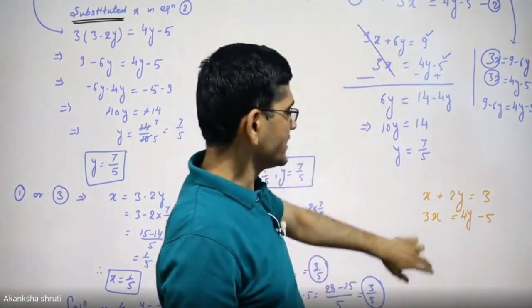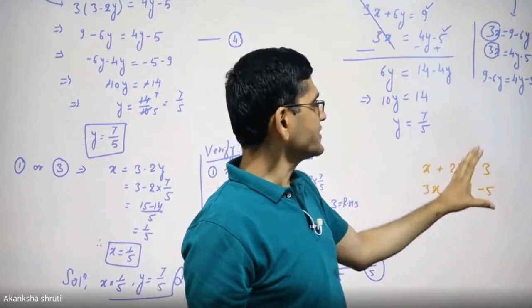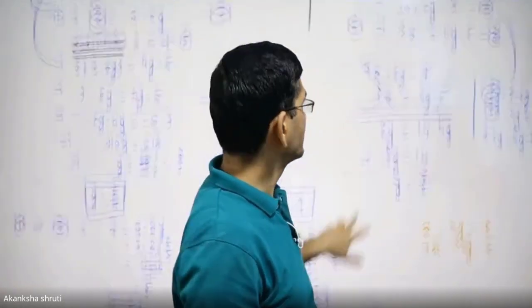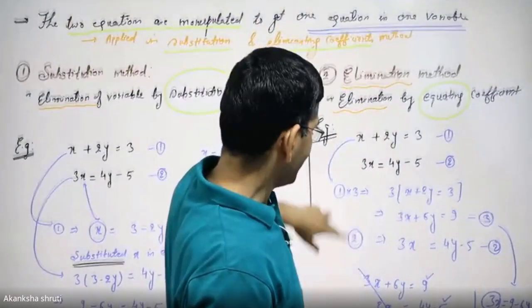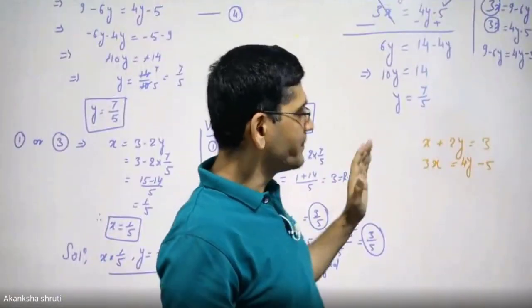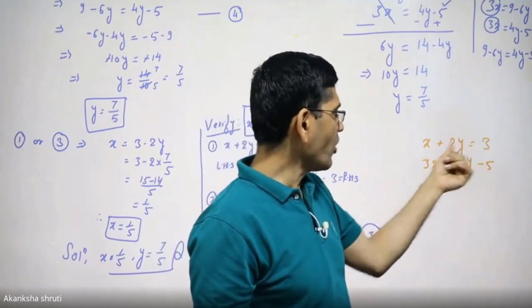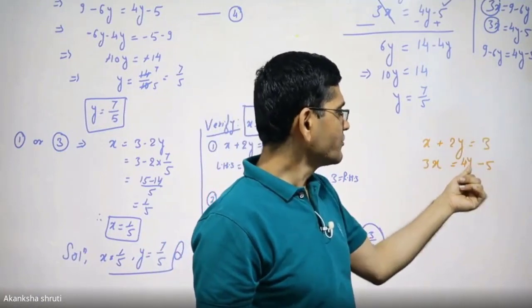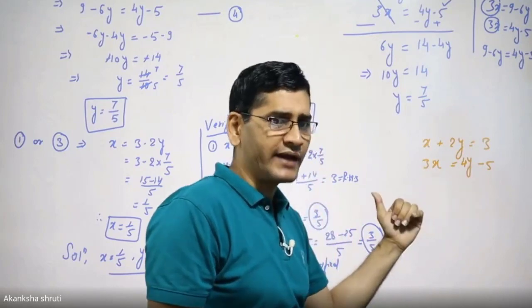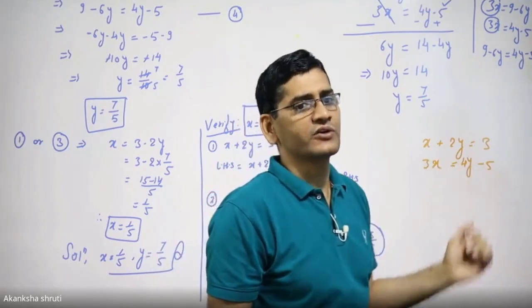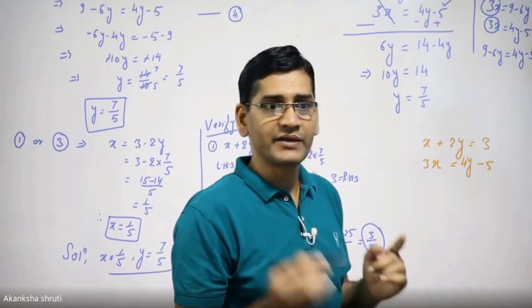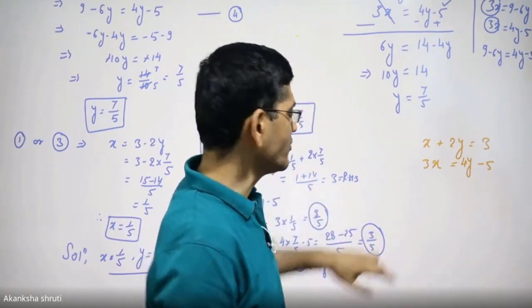So students, for applying the elimination method, the better way to avoid mistakes is to keep all the variables in both equations on the left hand side and send the constants to the right hand side. How?